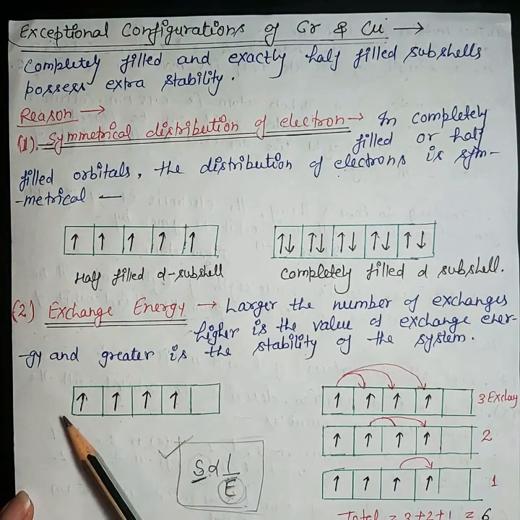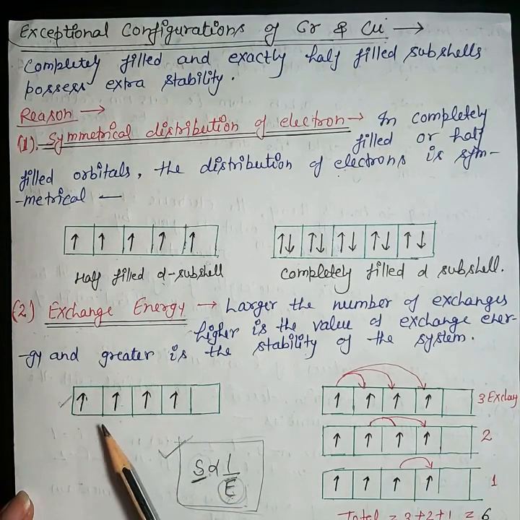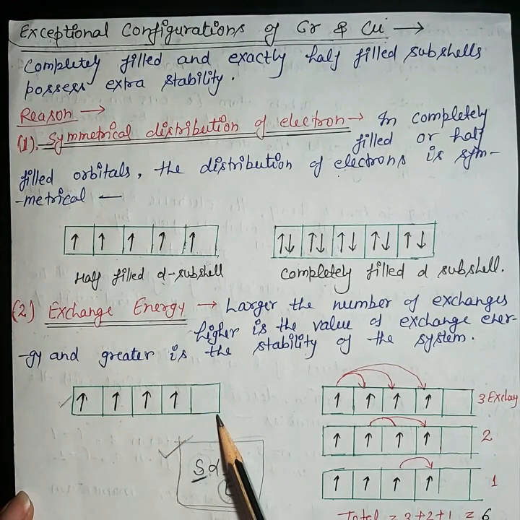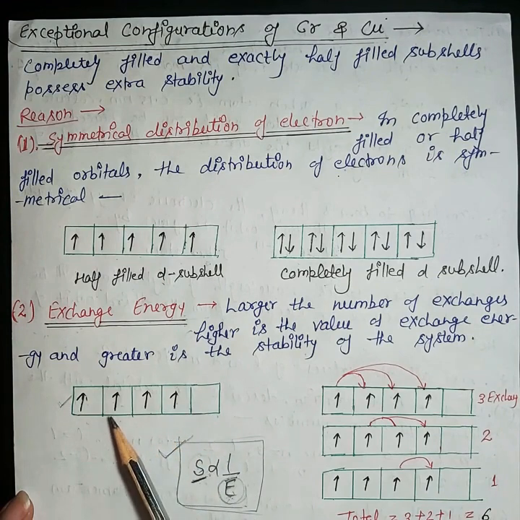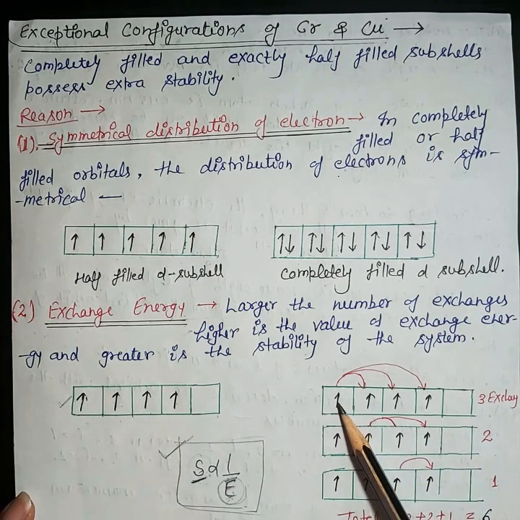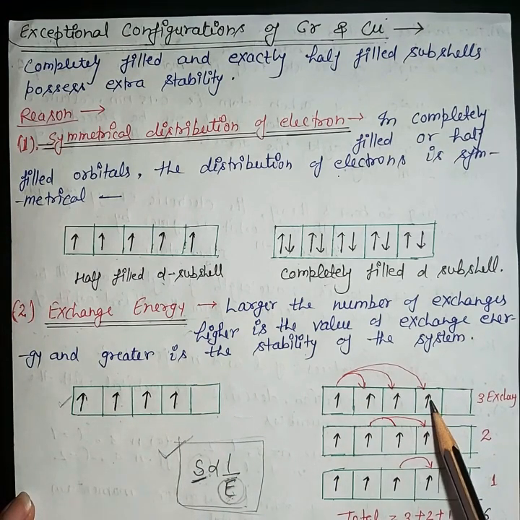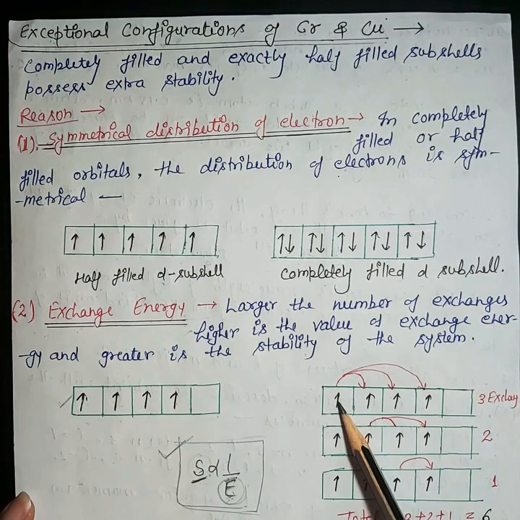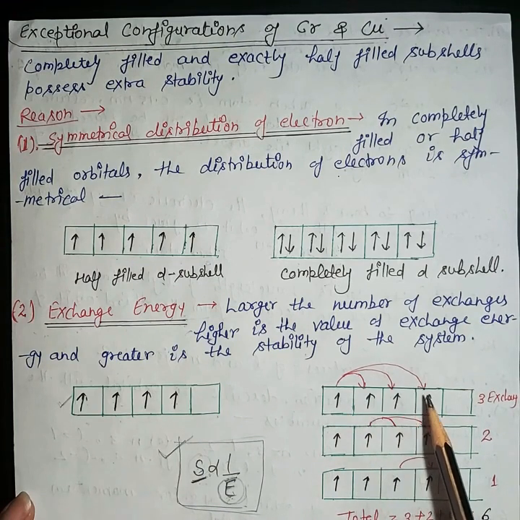Take this type of distribution, which is not completely filled or exactly half filled. Let's see how many exchanges are possible. For the first electron, 3 exchanges are possible, meaning it can change its position with these 3 electrons.